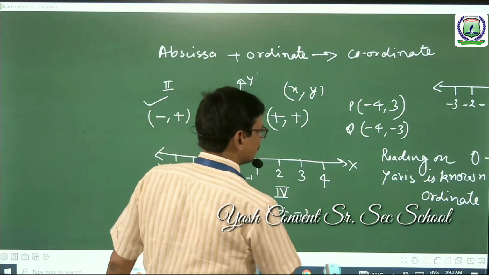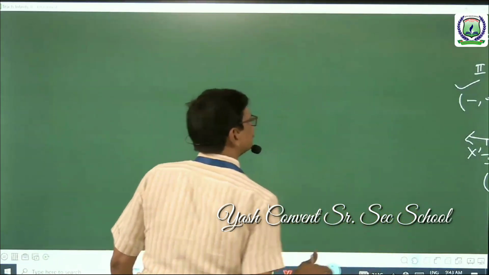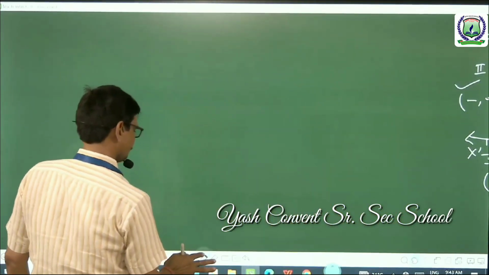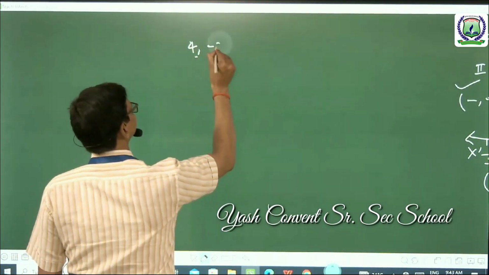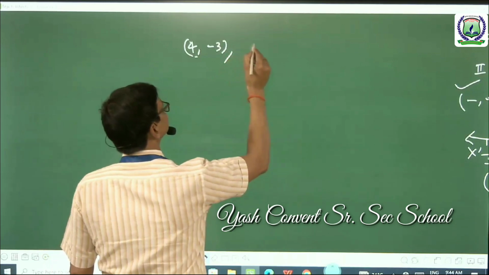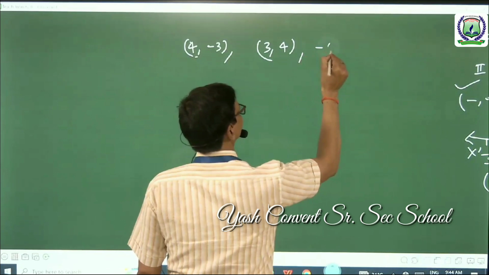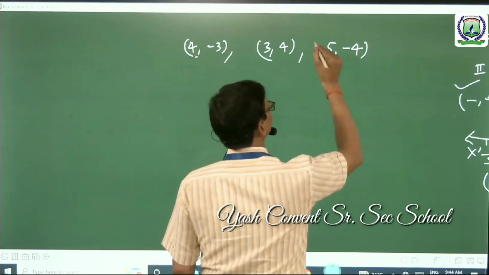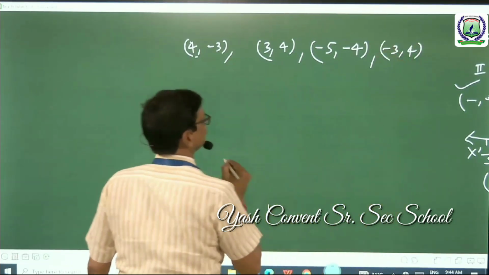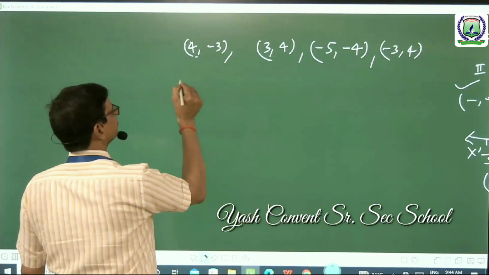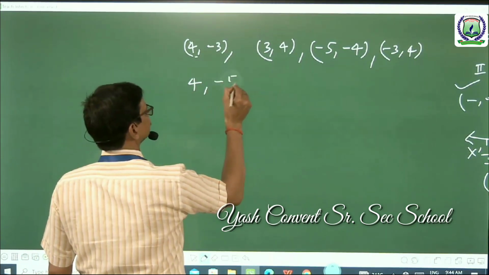Now let us take some examples of how to plot points. Let us have the points (4, -3), (3, 4), (-5, -4), (-3, 4), and one more, (4, -5).